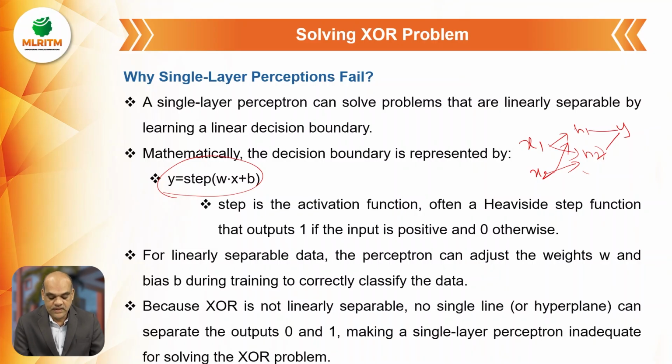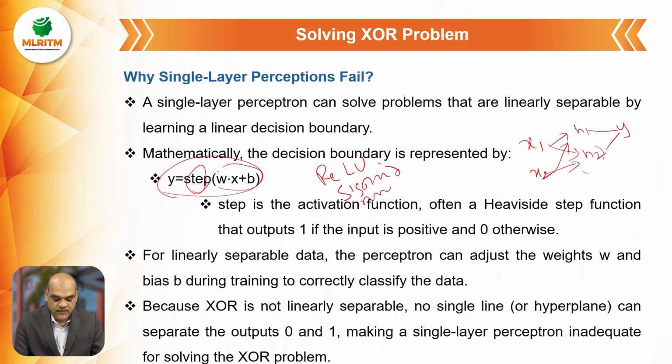Just to recall here, Y is the output and step is the activation function. Any activation function we can use, whether in a single layer perceptron or a multi-layer perceptron. That may be the ReLU activation function, the sigmoid activation function, or another common activation function. The activation function is used to convert the non-linear data into linear format.